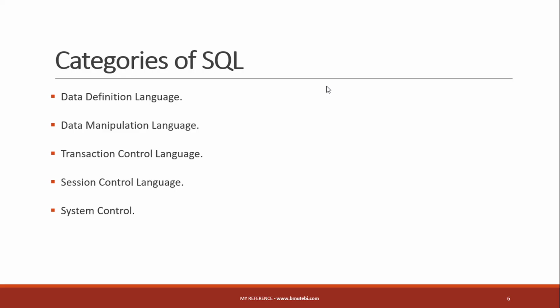Then we have another one called system control. Statements under system control are used to make changes to the entire database system. For example, if I need to make a change in one of the settings for the database, I'll use the system control statements.